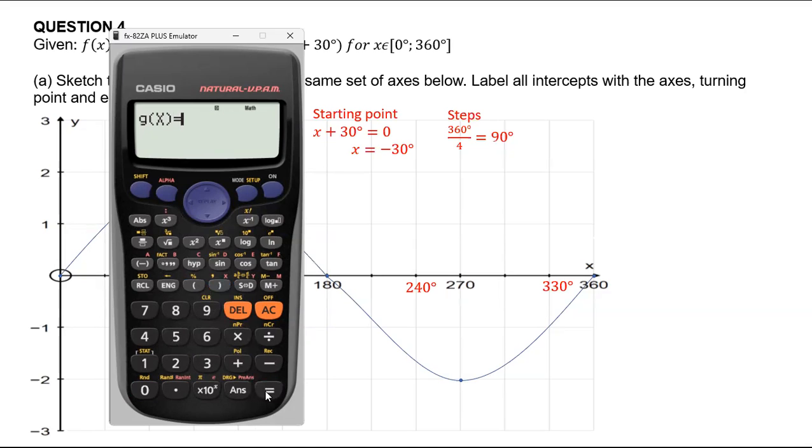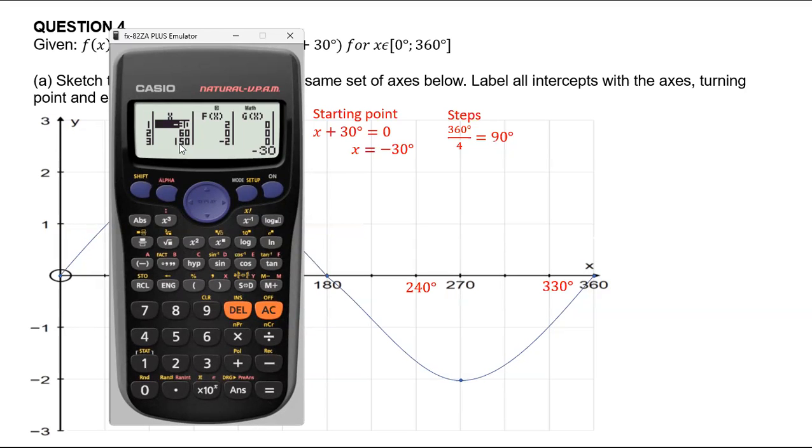My starting point is negative 30, and I'll end at 360. My steps will be 90, and voila.